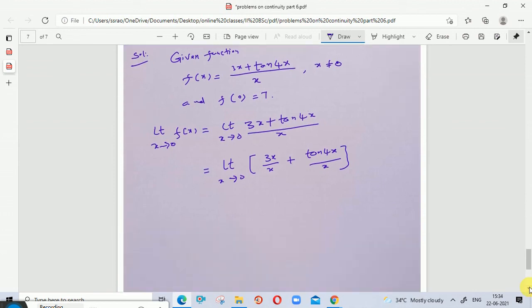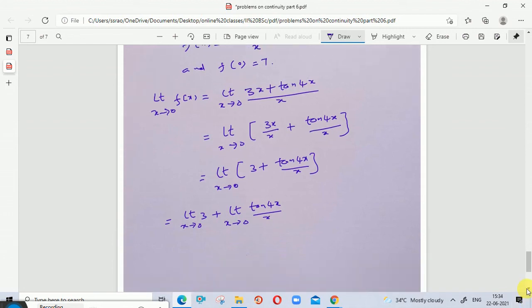So that is equal to limit x tends to 0 of 3, as x and x cancel, plus tan 4x by x. So that is equal to limit x tends to 0 of 3 plus limit x tends to 0 of tan 4x by x.